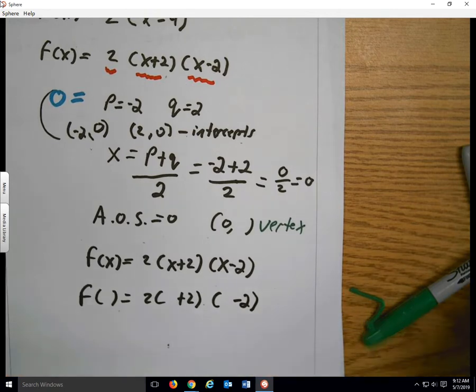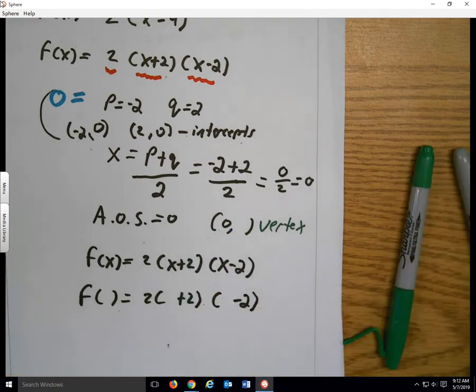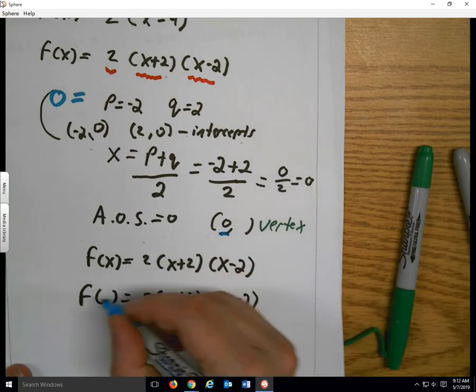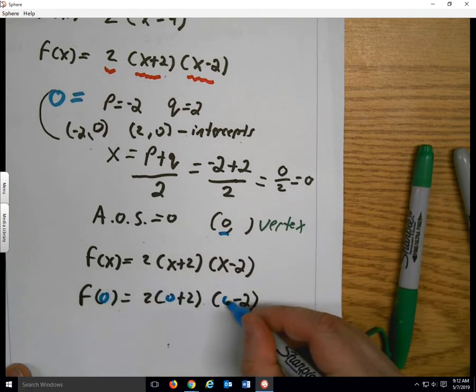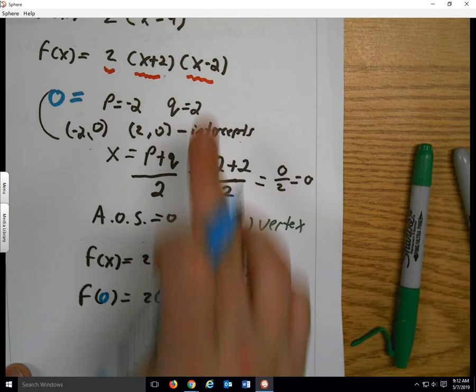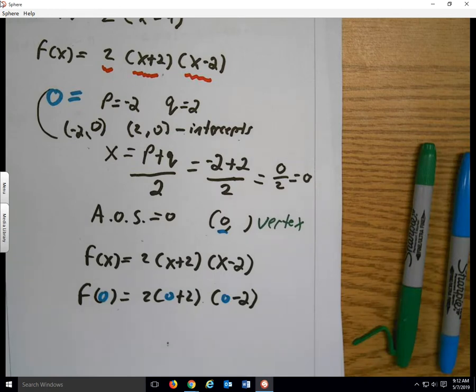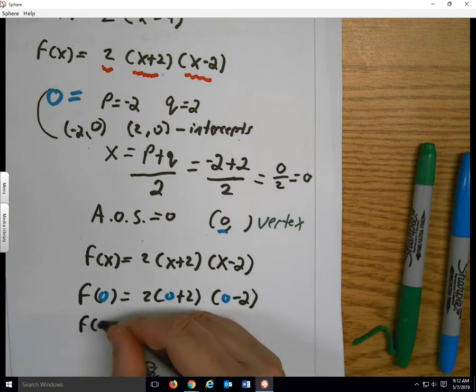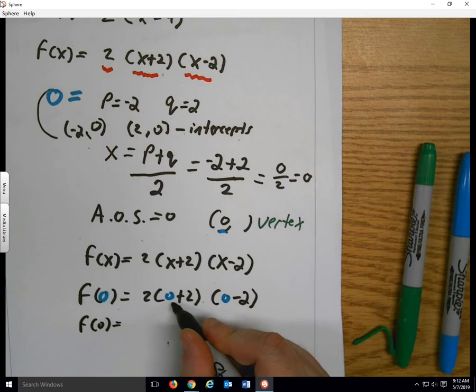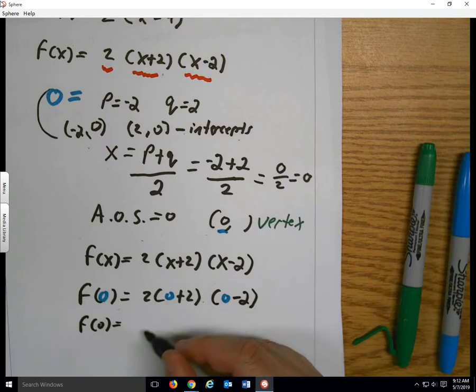And what are we putting in place of the x? 0. And since there was more than one x, there's going to be more than one 0. Okay, let's see what that would be. 0 plus 2 is 2, and 2 times 2 is 4.